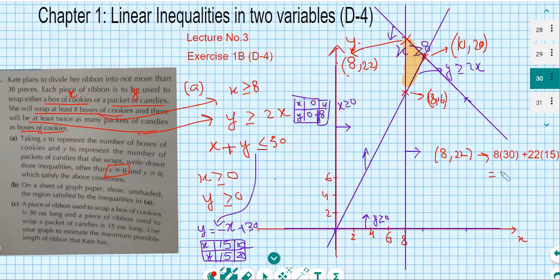Let me calculate it: 8 into 30 plus 22 into 15. So we get 570 centimeters from this point. From the second point, 10, 20.